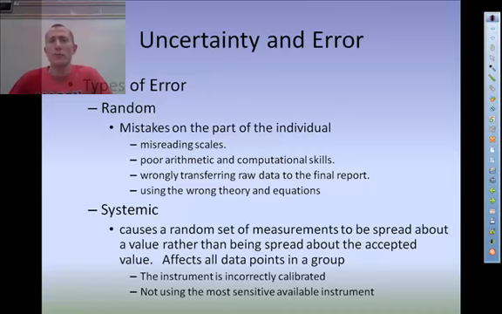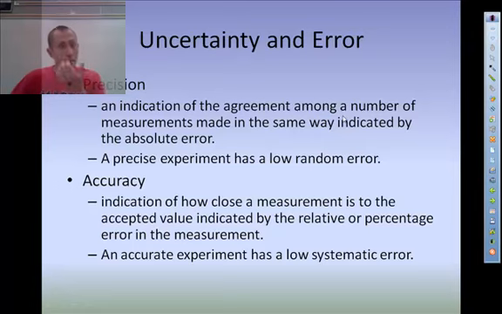In that type of scenario, every single measurement that you make is going to be off by 5/10 of a gram because the measuring device is off. So understanding that difference, that random error affects data points here and there. Systemic errors are ones that are inherent in the system. They occur repeatedly, and they affect a series of data points.